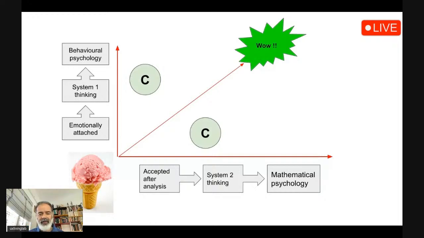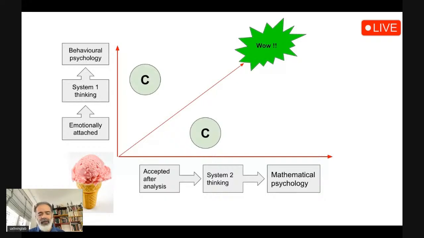So a UX designer has to find a match between these two aspects. One is analytical aspects, another is emotional aspects. If you can join these together, or find a consensus between these two aspects, you will be a perfect UX designer, and your product will be accepted by the consumer without any doubt.